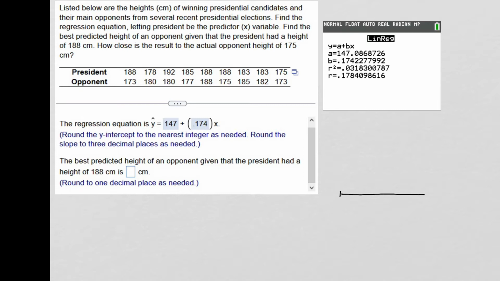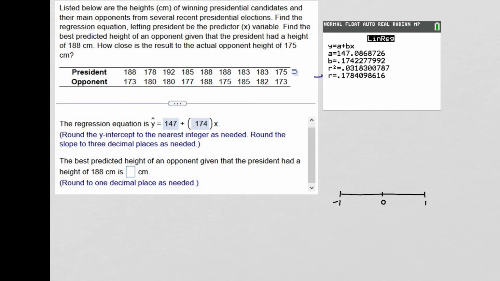And that value can range anywhere from -1 to 1. If it's close to 0, then we are going to say that there is not a strong linear relationship. And if it's close to positive or -1, then we're going to say that there is a strong linear relationship.